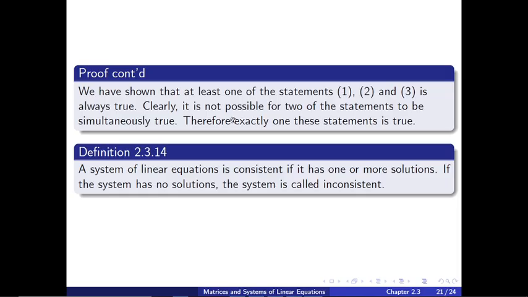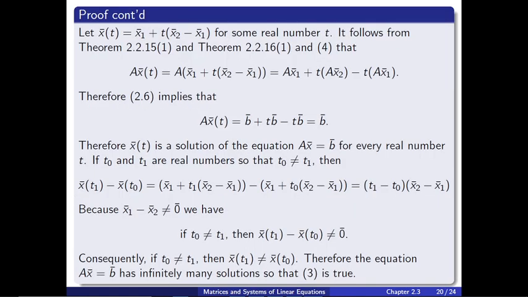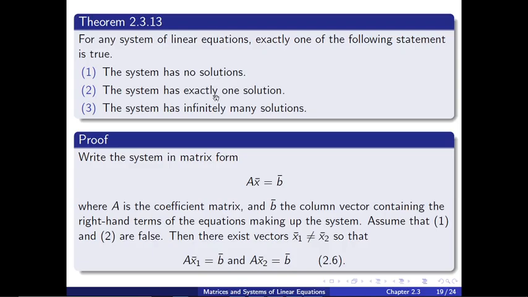And then the other point we have to make is, we've shown that at least one is true, but there might be a situation where maybe they are true at the same time, right? So they are true simultaneously. But if we look at the statements, we can see that for any system, at most one of these will be true.